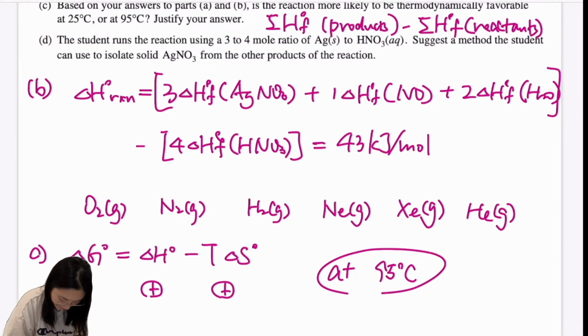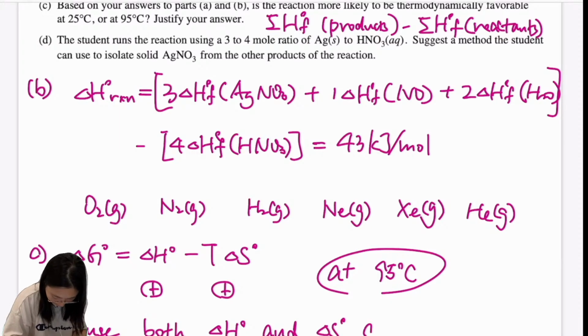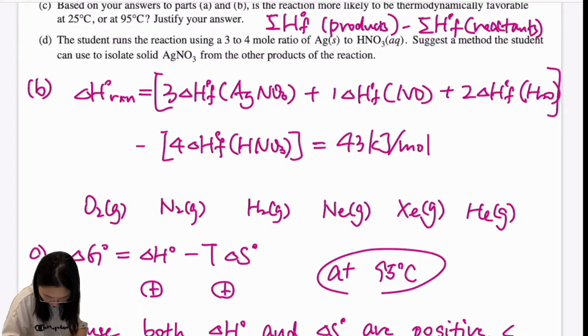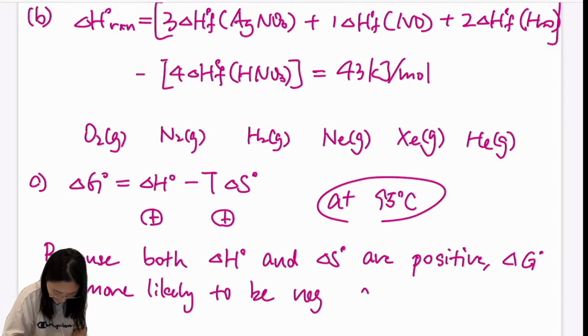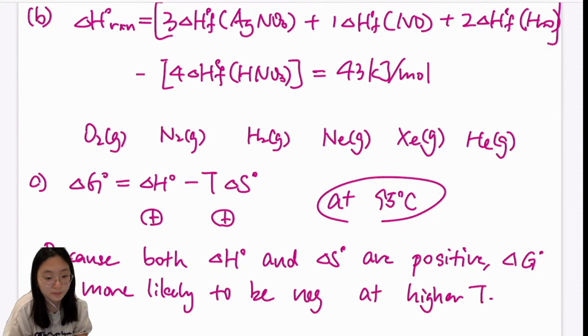To justify: because both delta H and delta S are positive, delta G is more likely to be negative at higher temperature. That's it.